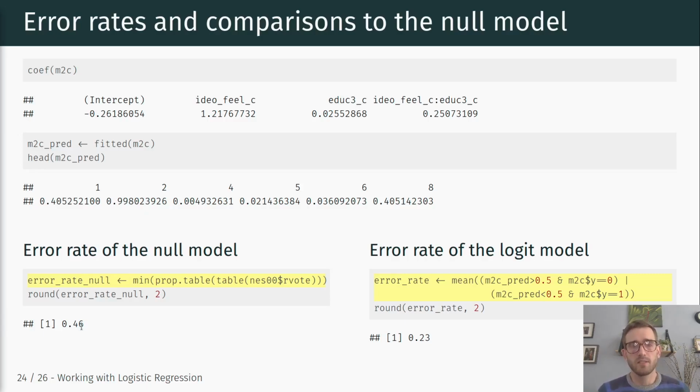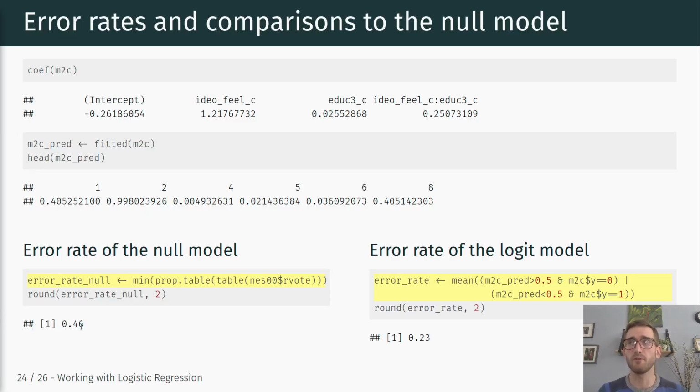Keep in mind, however, these error rates, of course, provide some initial indication of model fit, but they're not perfect. They have a couple of problems. For example, they don't necessarily distinguish between very small probabilities.